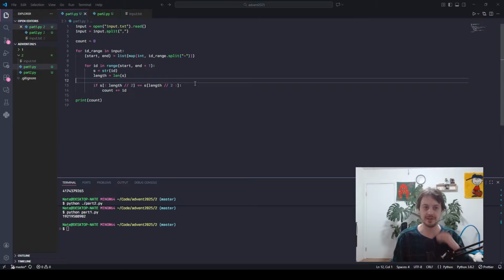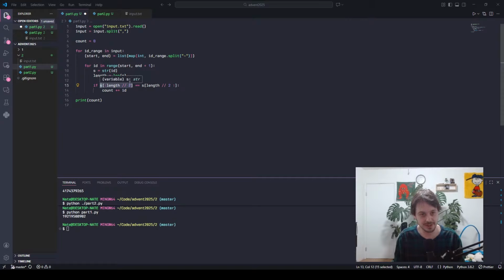So that's pretty simple. Since we have a string, I'm using a little Python magic here. So I get the length of the string. I use this little Python syntax to slice it in half.